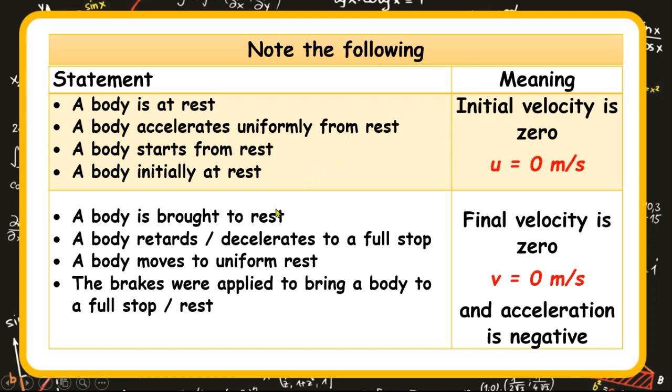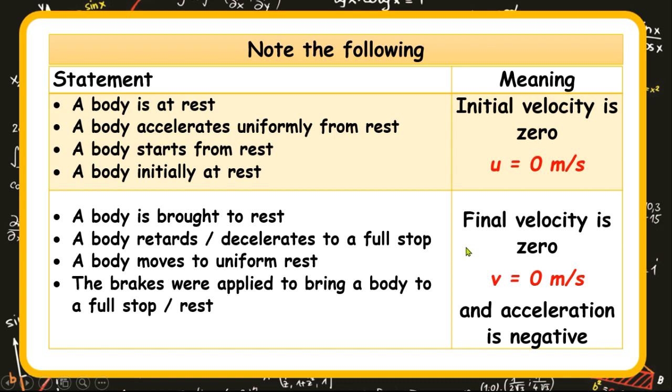Again, if you are told in the question that a body is brought to rest, a body retards or decelerates to a full stop, a body moved to a uniform rest, the brakes were applied to bring a body to a full stop or rest. This statement also means that the body was in motion and it was brought to rest. It was decelerated or retarded to rest or came to stop.